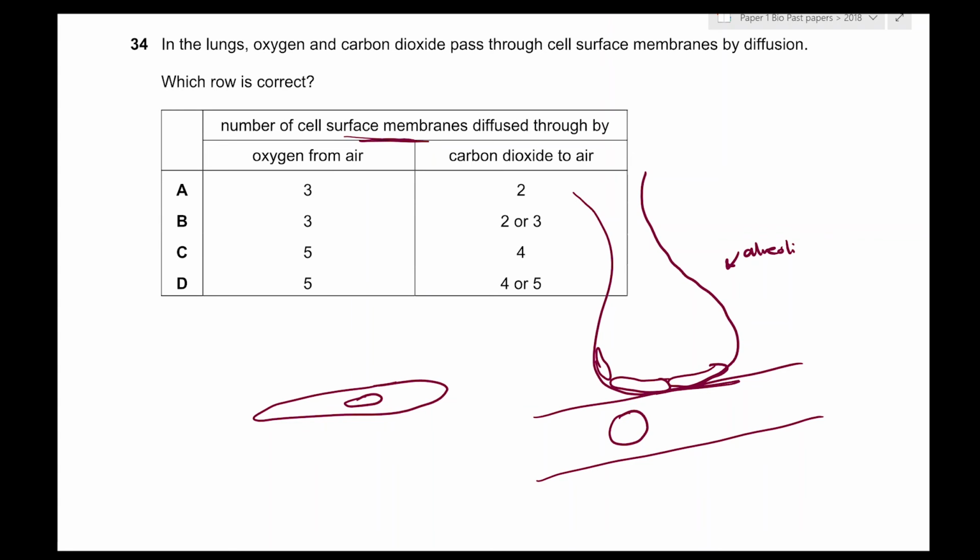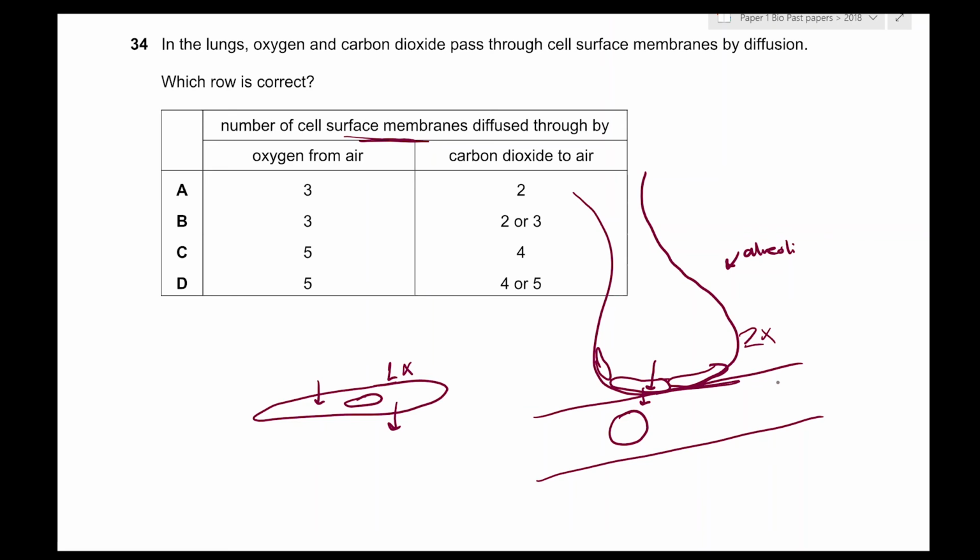Therefore, in order for oxygen to pass through the alveoli, it needs to first enter the squamous epithelium cell, so that's the first cell surface membrane. Then, in order to exit the squamous epithelium cell, it has to pass through the next cell surface membrane. So, one to enter and one to exit. Therefore, in the alveoli, it needs to pass through two cell surface membranes.